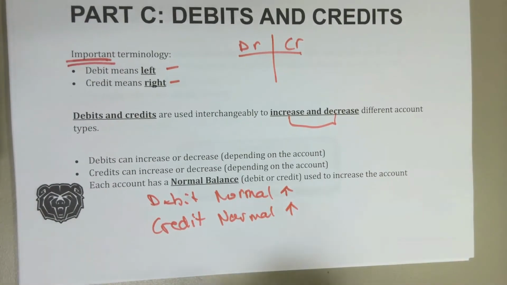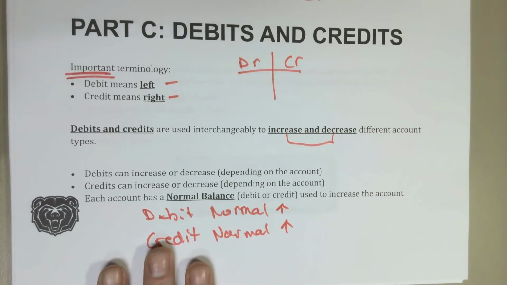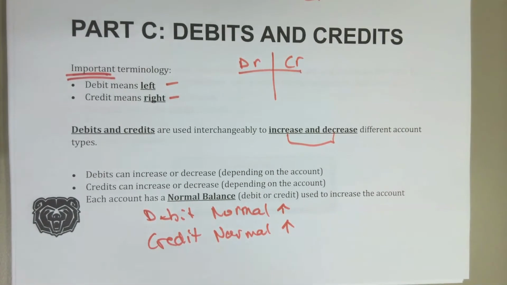It really is us just saying, hey, this increases with a debit or increases with a credit. It's shorthand for accountants. You will hear us say it a lot, particularly if you go above 201 level in accounting. So you'll hear me say, this is a credit normal account, or this is a debit normal account. So you know whether you should end up with an ending balance on the debit or the credit side.